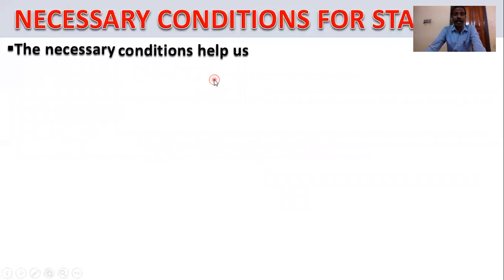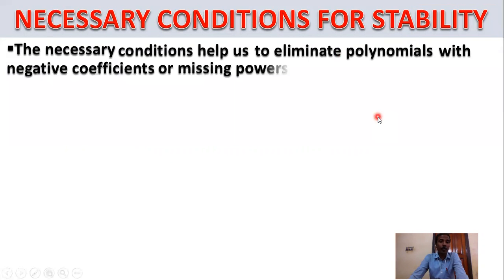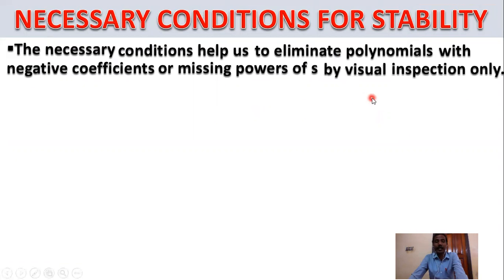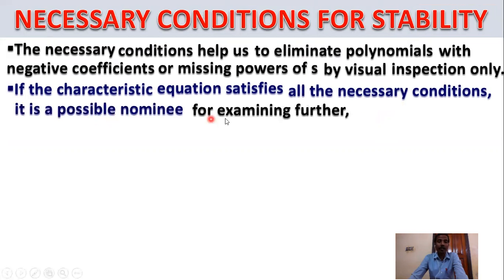The necessary condition help us to eliminate polynomial with negative coefficients or missing power of s by visual inspection only. This is also very important sentence. If the characteristics equation satisfies all the necessary conditions, it is a possible nominee for examining further for stability.